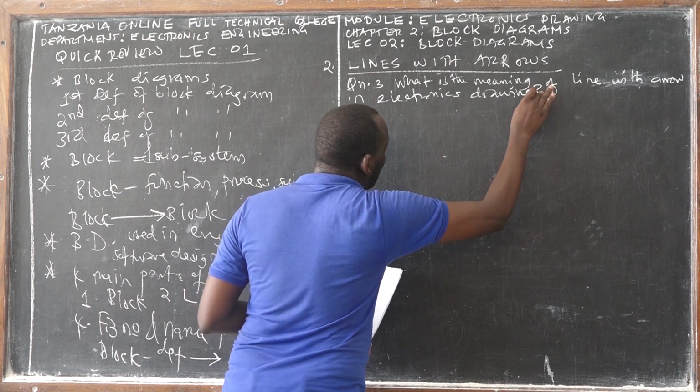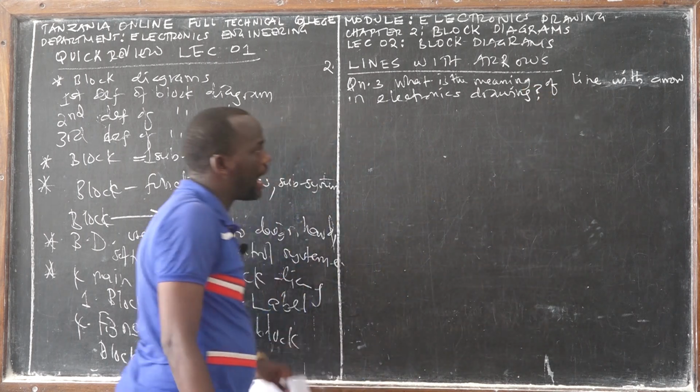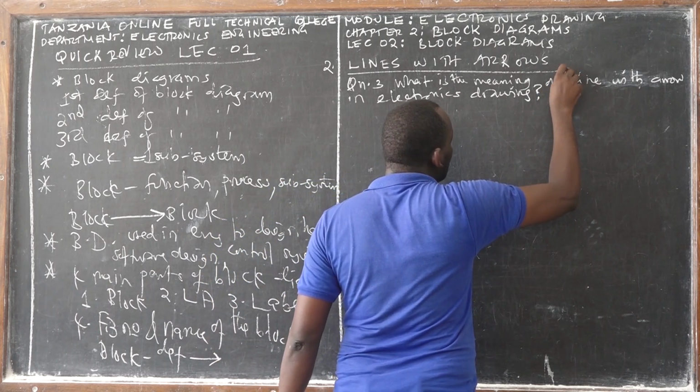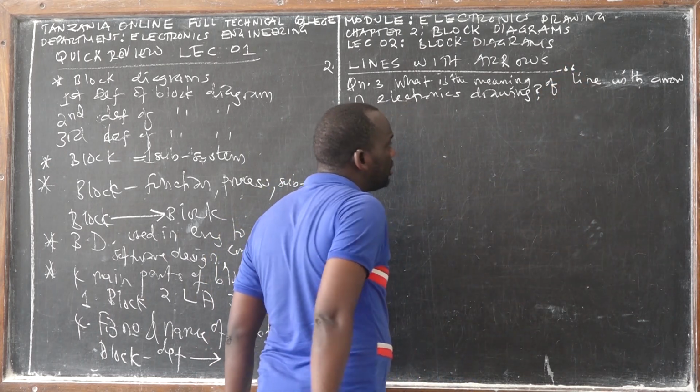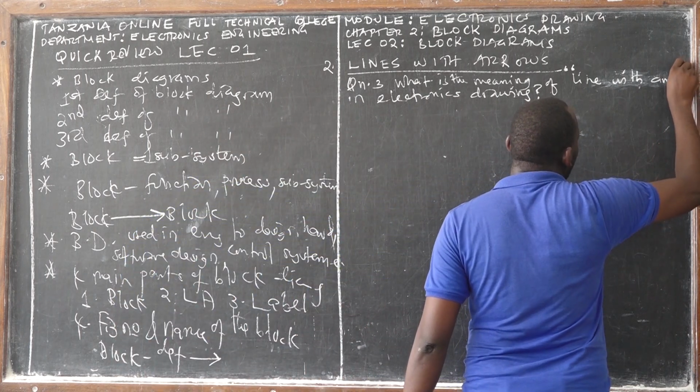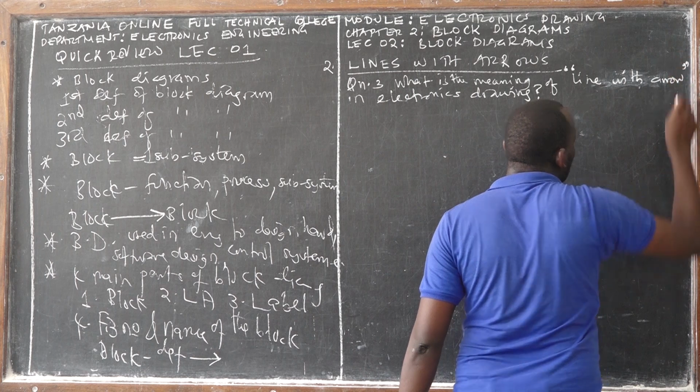So what is the meaning of a line with arrow? So you can even have some quotation like this: "line with arrow." So what are the meanings of line with arrow?